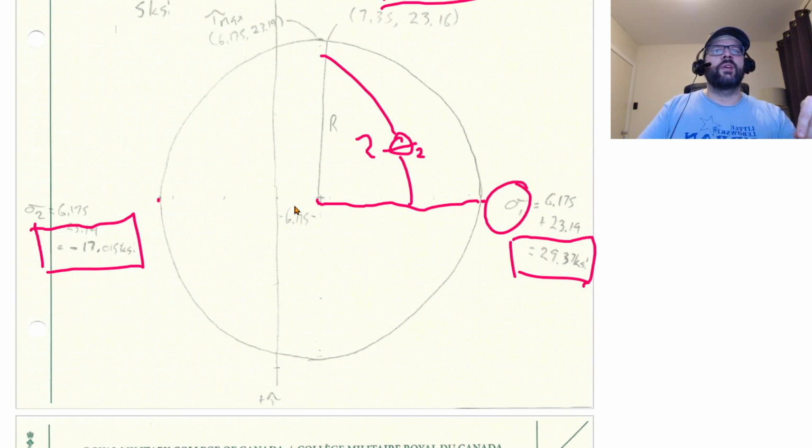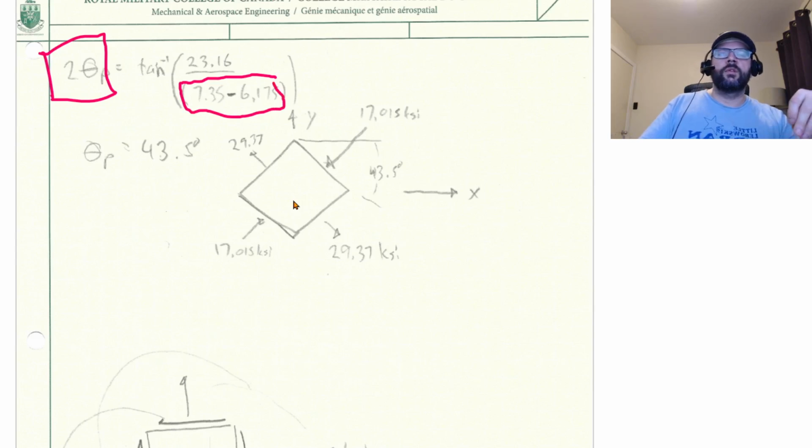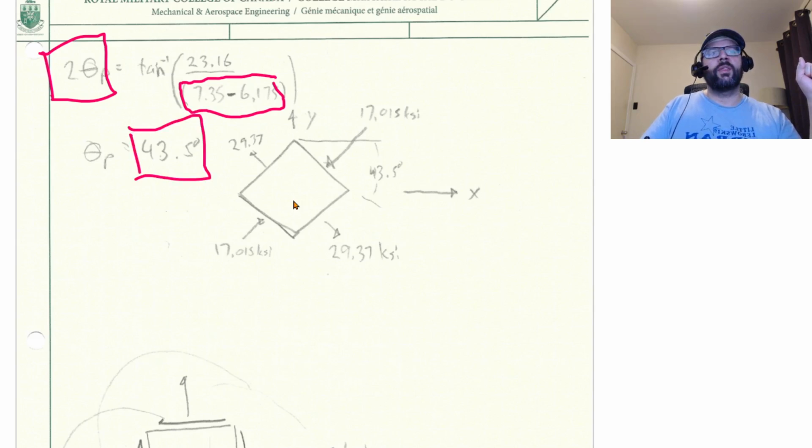So again, we'll calculate that. Twice our theta prime is going to be equal to the tangent inverse of 23.16 divided by the 7.35 minus the 6.175. That gives us a theta prime of 43.5 degrees.